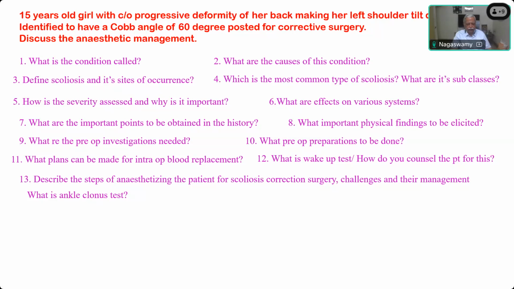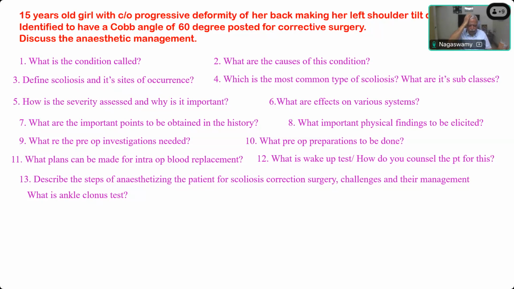That is one reason. Any other reason where IABP will be safer and more useful? Supposing the surgeon says, I want less blood loss, can you reduce the BP? Hypotensive anesthesia, sir.